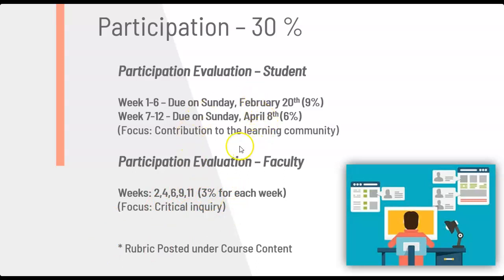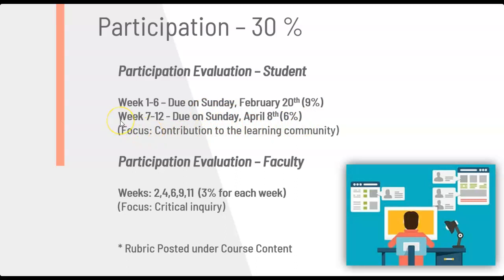You're going to evaluate yourself on weeks 1 to 6, and that will be due Sunday, February the 20th, and that's worth 9%, and you're going to be using one rubric to evaluate those weeks. You'll have a second opportunity at the end of the semester that you're going to submit on Sunday, April the 8th, and this is worth 6%.